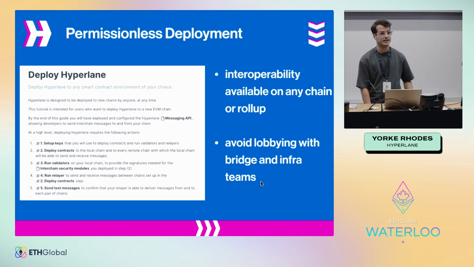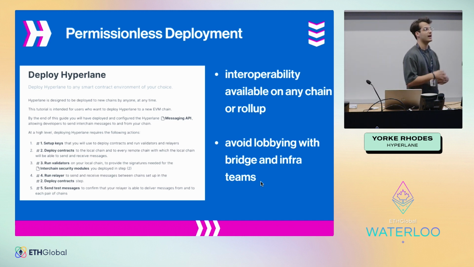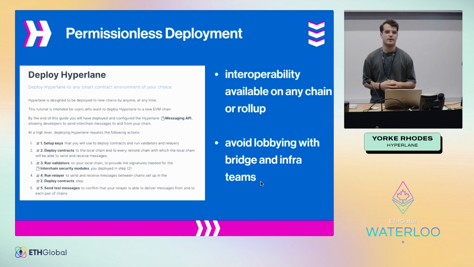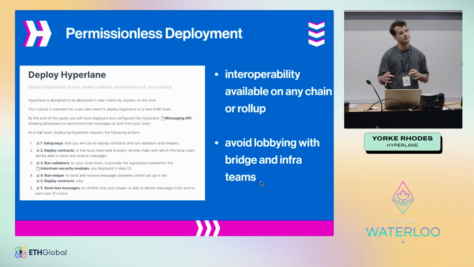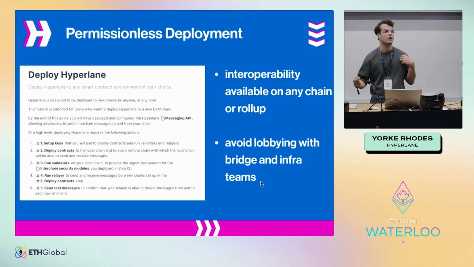And now that you can deploy Hyperlane and configure your own security, you don't have to do any of that. You can start as a new rollup. You can operate your own deployment of Hyperlane, and as you scale up and progressively decentralize, you can continue to configure the transport layer with stronger and stronger security guarantees for your users.